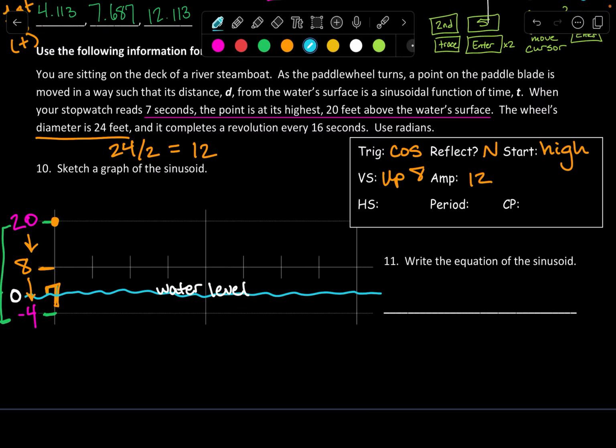Horizontal shift. This whole graph starts at +7, which means we move to the right 7. The period is how long it takes to complete one trip or rotation, and it says right here it completes a revolution every 16 seconds. So that's our period. And then our critical points will be period over 4. 16 over 4 is just 4.